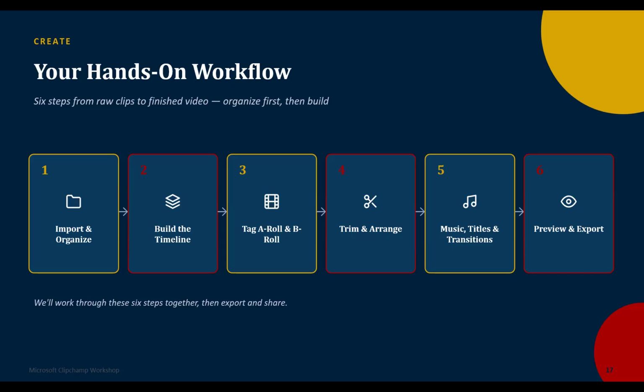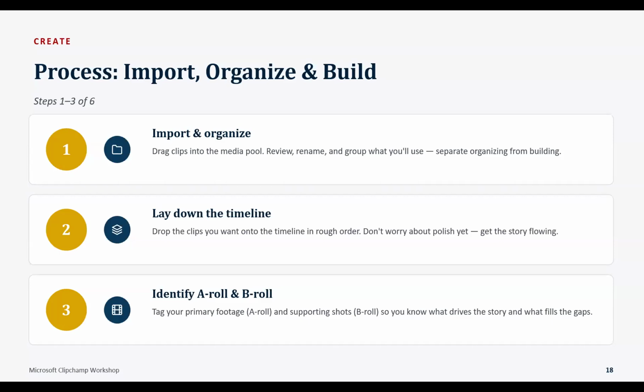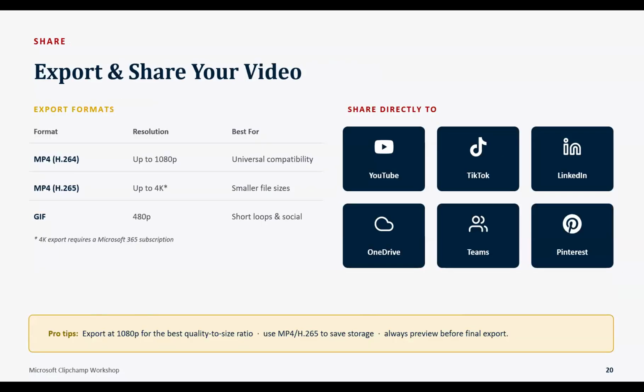You can have a slide, or even another video. You can add slides to the videos too. And then we'll get into trimming and arranging, adding music, and then finally the preview and the exporting. So why don't I just move ahead, and we'll get into using Clipchamp. I don't have it booted up just yet.